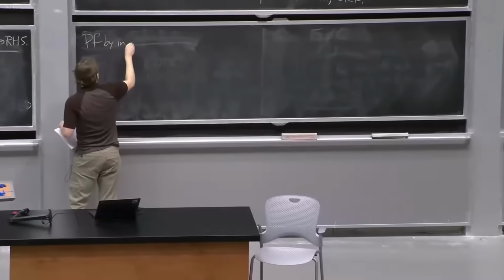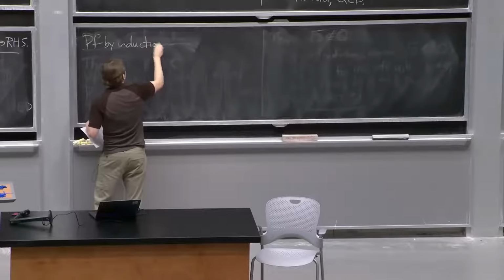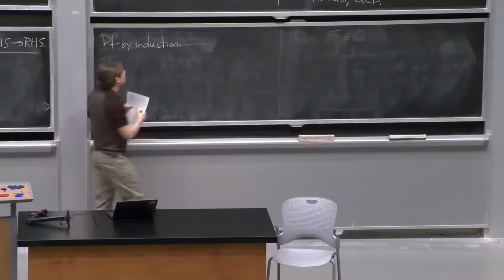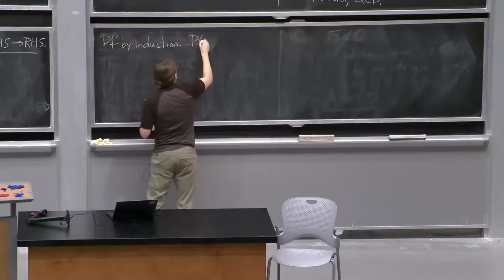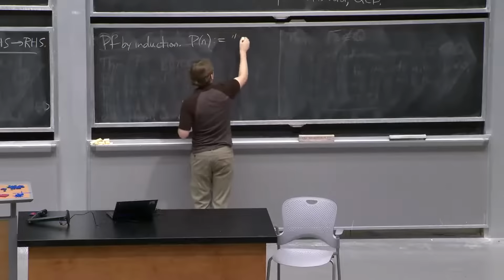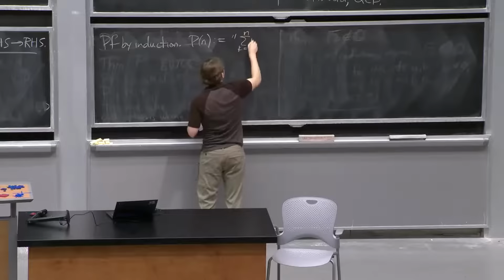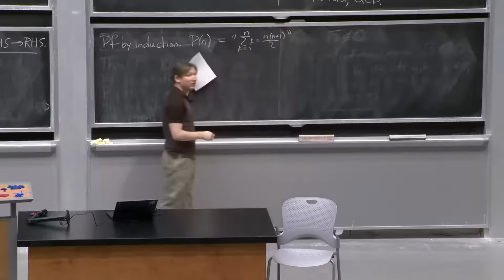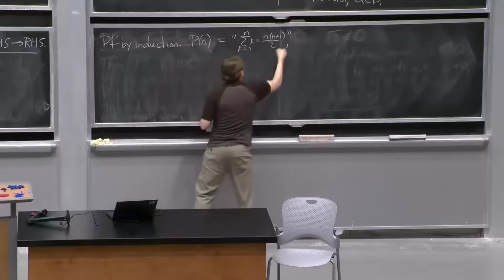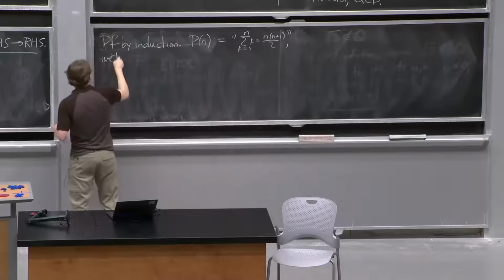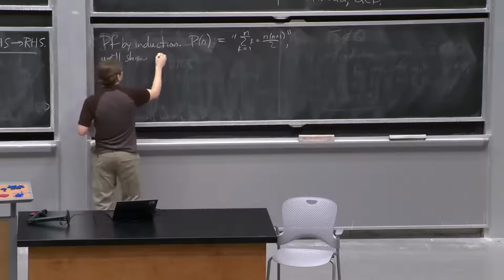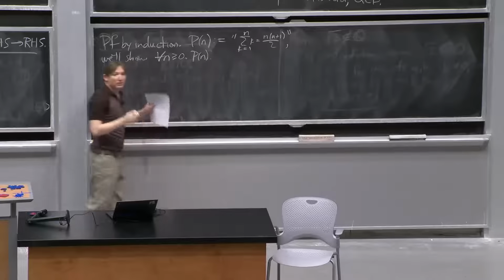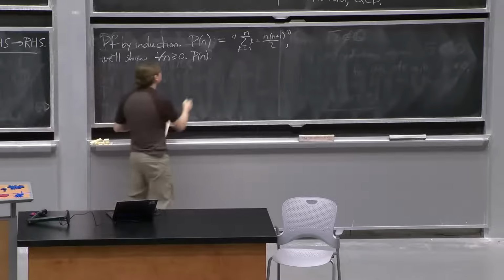So, proof by induction. We need to say what P of n is. Let's see, P of n is defined as the sum 1 plus 2 plus up to n equals n times n plus 1 over 2, same way we defined Pn before. And we'll show that Pn is true for every n greater equal 0 by induction.